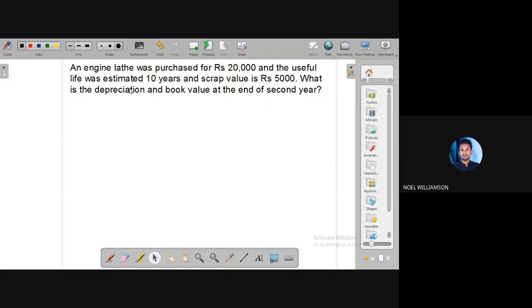So this is the scenario: an engine lathe was purchased for rupees 20,000. That means the initial value is 20,000. No other data is given, such as repair cost or installation cost, so C is 20,000 alone.